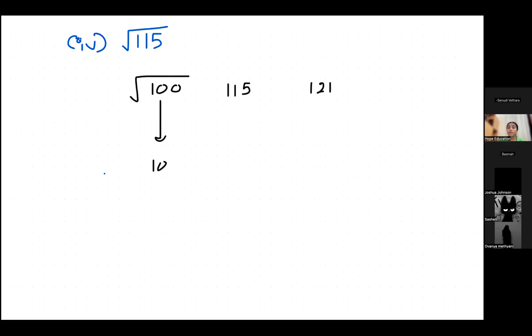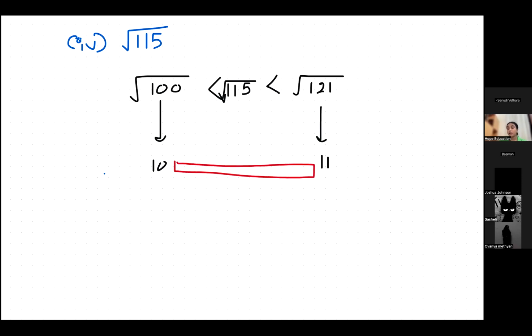You know the square root of 121 is 11. Therefore, the square root of 115 should be between 10 and 11. If you take the gap between 10 and 11, there is 10.1, 10.2, 10.3, 10.4, 5, 6, 7, 10.8, 10.9 and likewise.